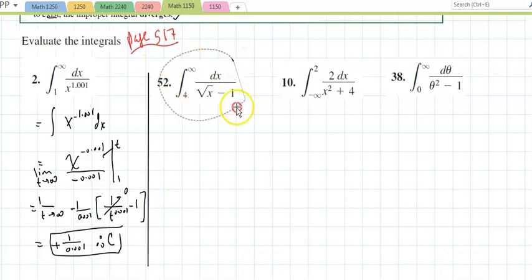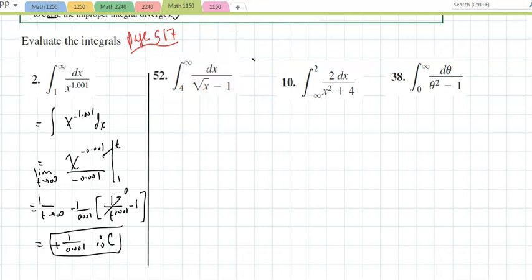If I look at the next problem, alright, let's see how this works. Here, I'm going to let u equal radical x, or radical x minus 1, it makes no difference. So u squared equals x, and if I take a derivative, dx is 2u du. So this is the integral. That would be my u minus 1, and dx will be 2u du.